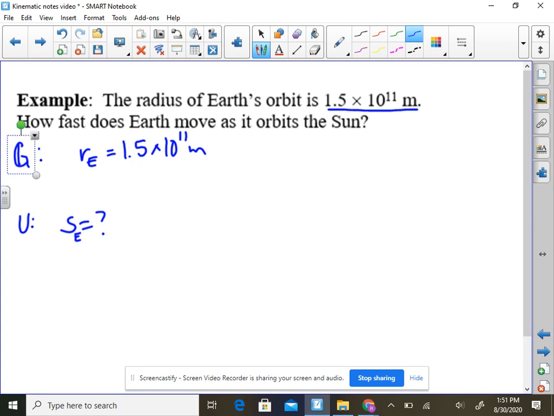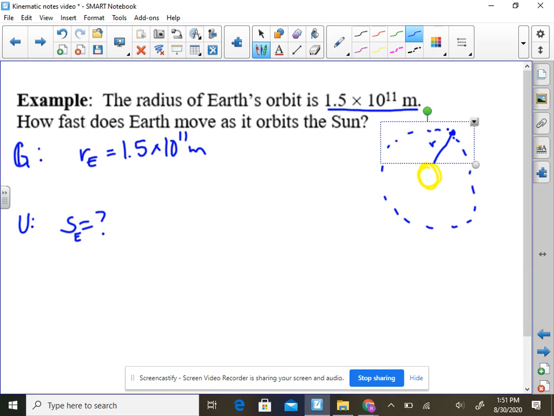Now, if we think about that, here's the sun, and here's the Earth, and the Earth orbits the sun. And we're given this radius here, and I want to know how fast it moves. So the Earth is moving in this orbit. How could we find that out? What are the things we would need to know?